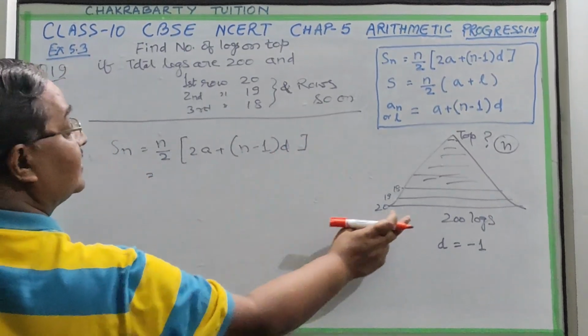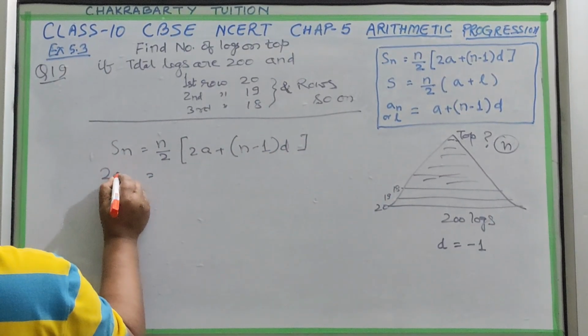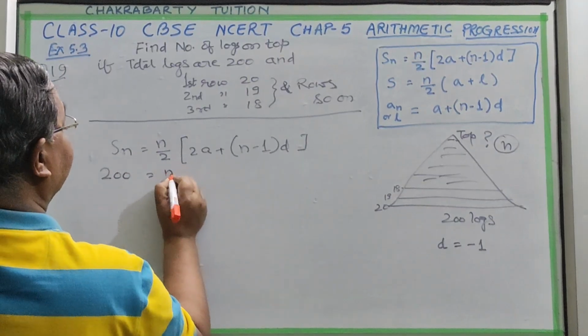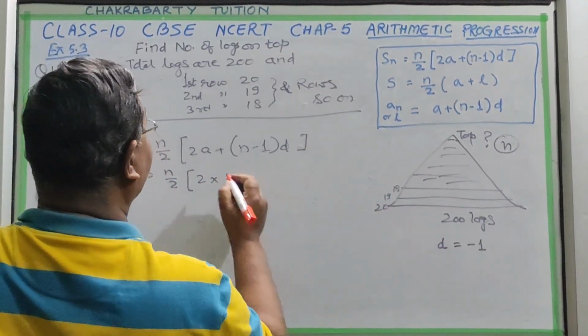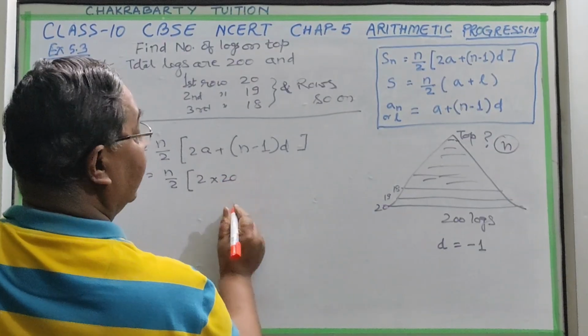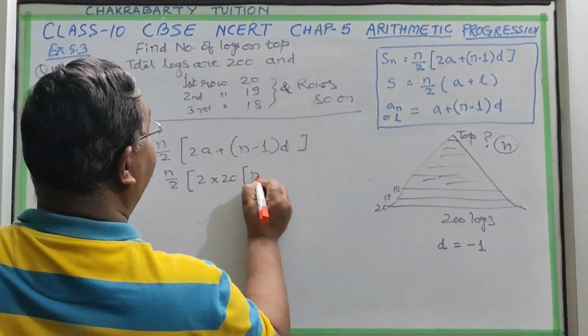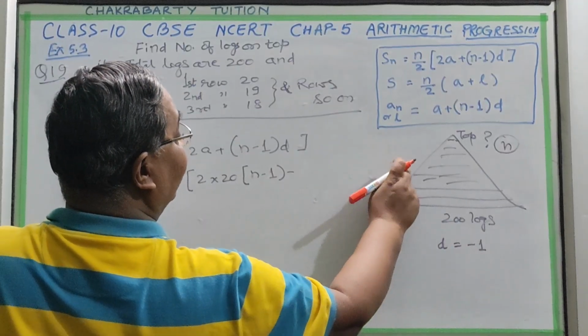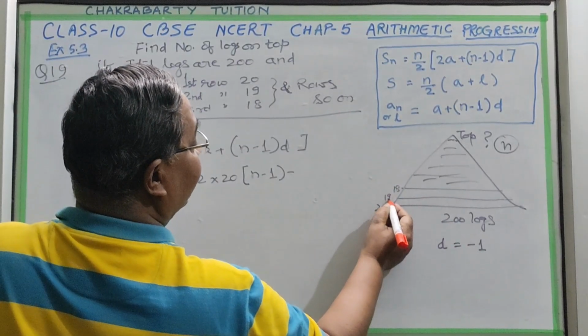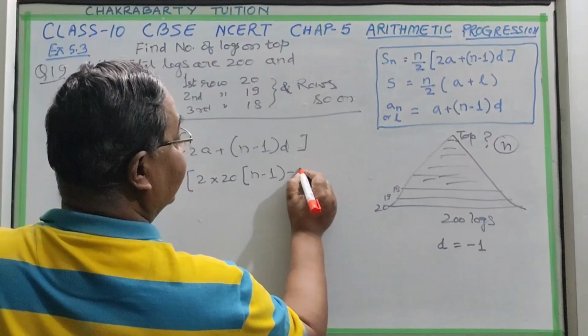Here Sn is 200, the sum of all the logs. The first row is 20. D is minus 1, because every step 1 is reducing. Here 20 minus 19 comes to minus 1.